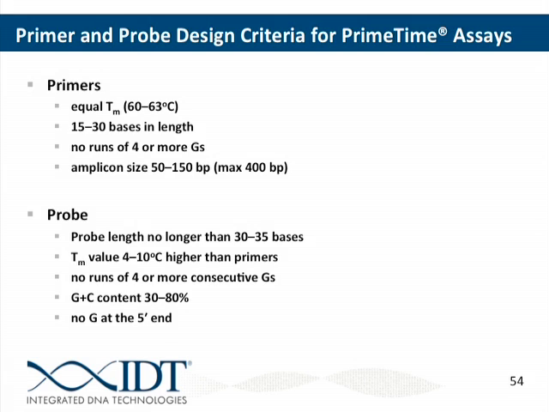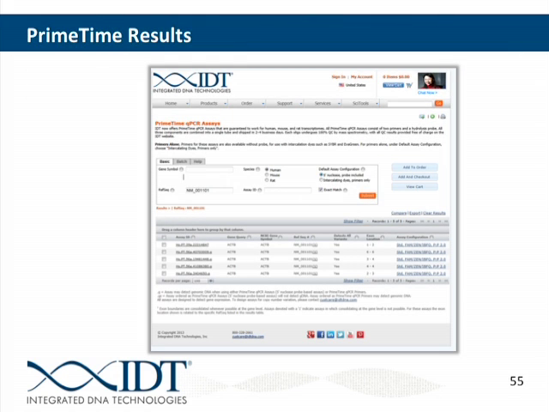You can go to the front-end qPCR database and put in your gene symbol or accession number and organism of interest and come up with a good assay for your target gene. As Rita already mentioned, there are parameters that those assays, primers and probes, are based on. The output will come up and you have several different assays to pick from for whatever your gene of interest might be.